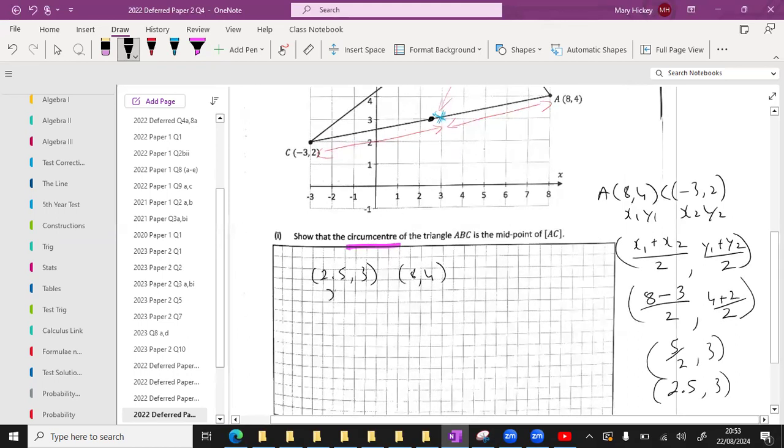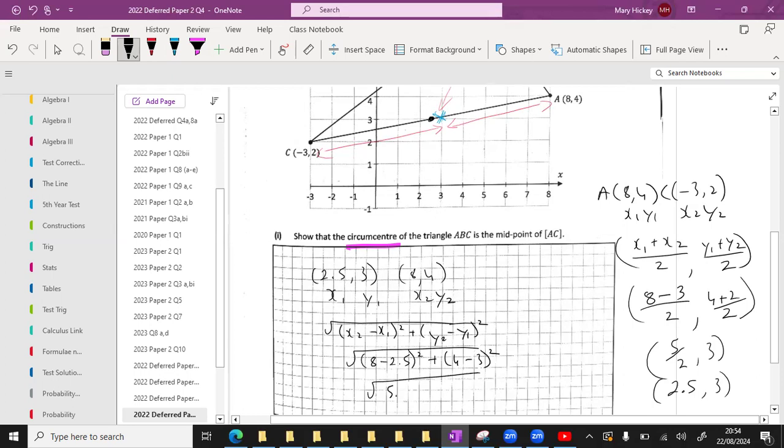So I'm going to find what this distance is, x1, y1, x2, y2. I'm going to use my distance formula: the square root of x2 minus x1 squared plus y2 minus y1 squared. So we end up with 8 minus 2.5 squared plus 4 minus 3 squared. 8 minus 2.5, what's that? That's 5.5.